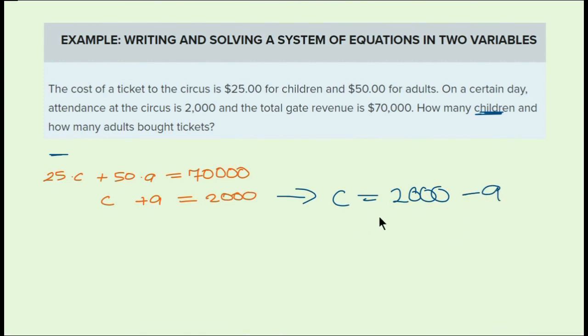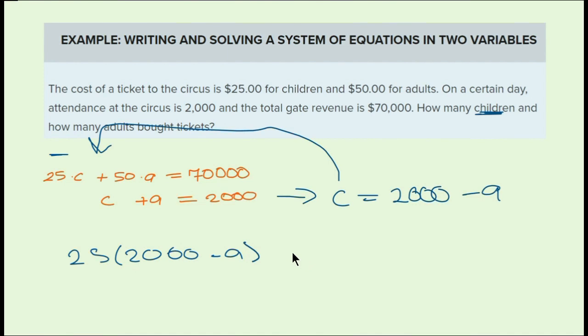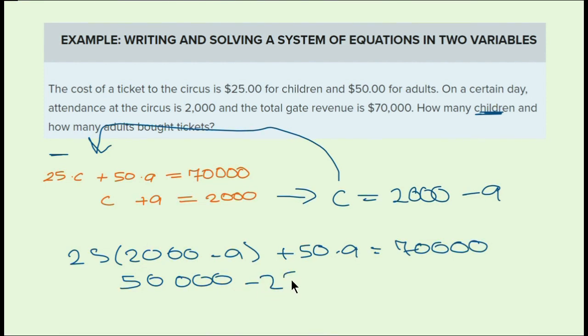And now we can plug this c right here. So 25 times 2,000 minus a plus 50 times a is equal to 70,000. 25 times 2,000, that is 50,000. 25 times negative a is negative 25a.